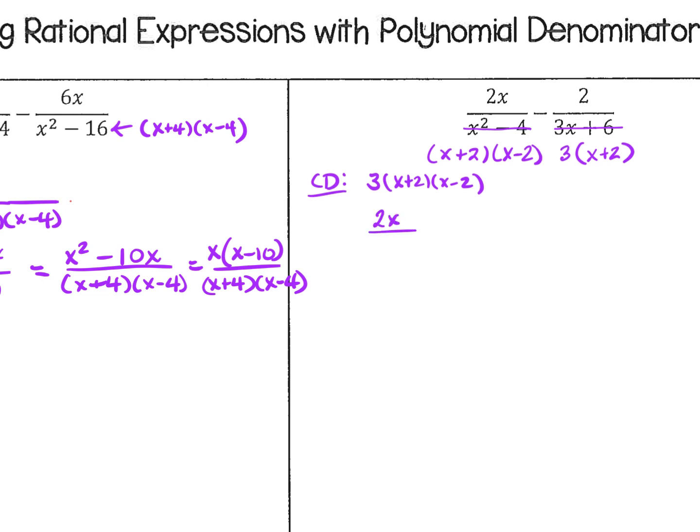We've got 2x over x plus 2, x minus 2. Negative 2 over 3 times x plus 2. So I need to multiply both of these by something. So take a second to figure out what I multiply the top by, the first one by, top and bottom. And then the second one.